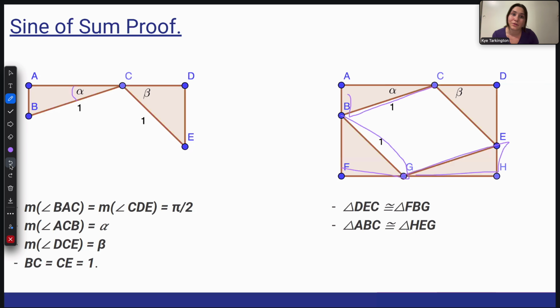For the sake of making things a little simpler to say, any triangle that's congruent to triangle ABC we're going to call an alpha triangle, and anything that's congruent to triangle CDE we're going to call a beta triangle, just so verbally things are easier to understand.